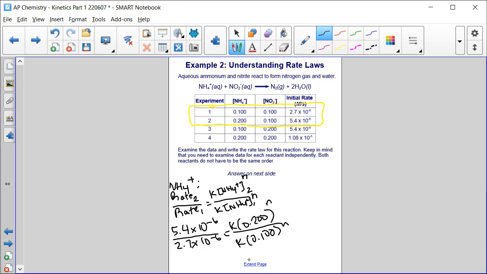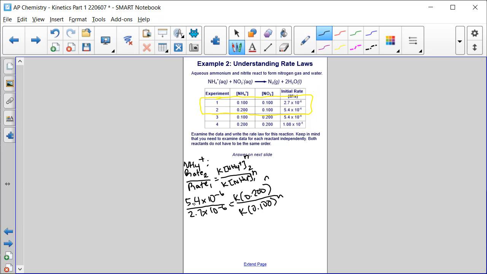And the simplification here is 5.4 divided by 2.7. This is 2 equals 0.200 over 0.100 is 2 to the N power. So in this case, N is equal to 1. Okay? In this case, N is equal to 1. So that's important. It is first order with respect to NH4.